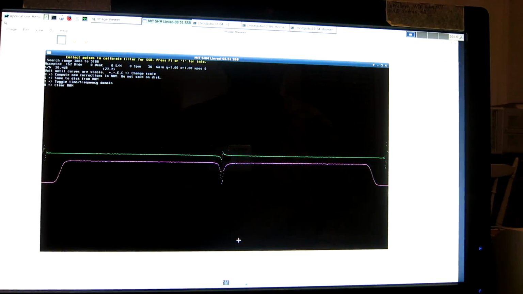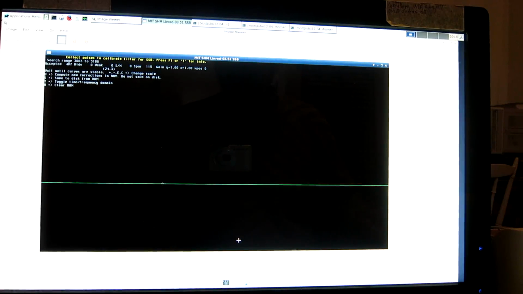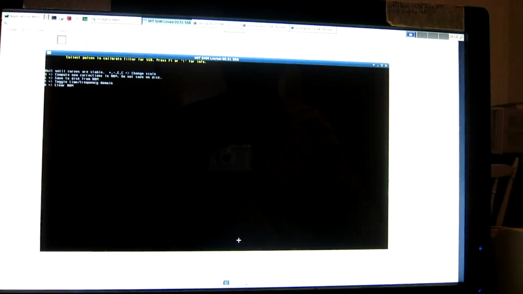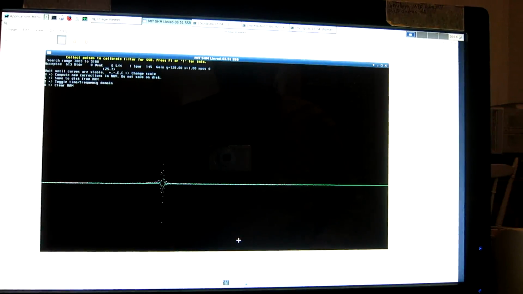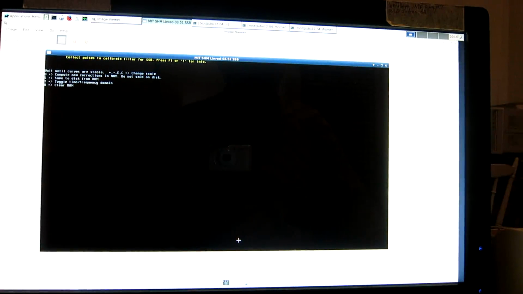And now Linrad is collecting the Fourier transforms. I press T to look at the process in the time domain. Plus, plus, plus, plus, plus, plus, plus, something like that. And one more. Or even more.